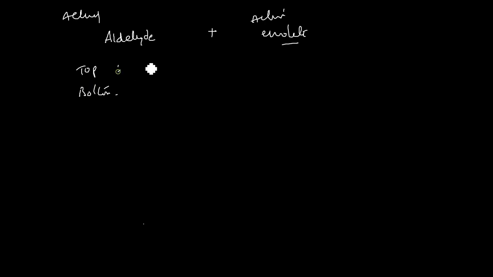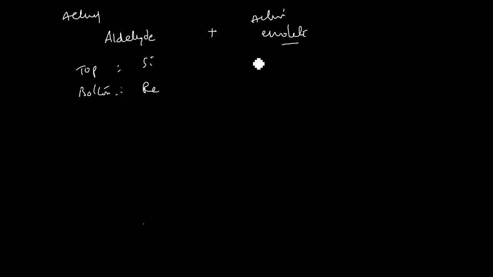You see, aldehyde and enolate, this is the combination, that means achiral aldehyde and achiral enolate. This achiral aldehyde has two faces, top face and bottom face. Okay, the top face is Si face and the bottom face is Re face.